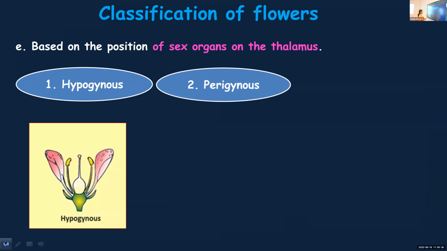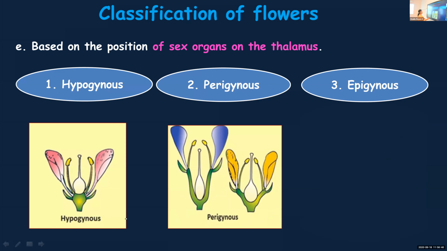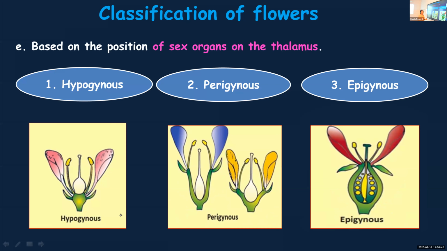So once again we will see those three: hypogynous, perigynous, and epigynous. Many new terms you are learning. Please make some codes or tricks to remember them. These are the three types of flowers based on how the sex organs are arranged on the thalamus.